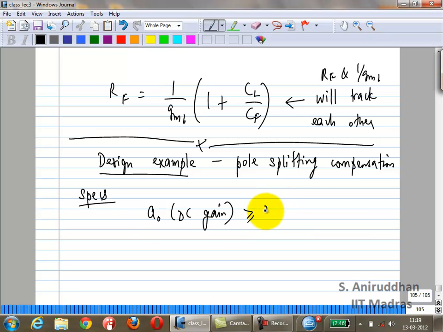I'll say the gain is greater than or equal to 80 dB. Okay, 80 dB means it's 10,000. I'm going to give you a spec saying the unity gain frequency is greater than or equal to 5 megahertz. Output peak to peak voltage swing is larger than 4 volts.